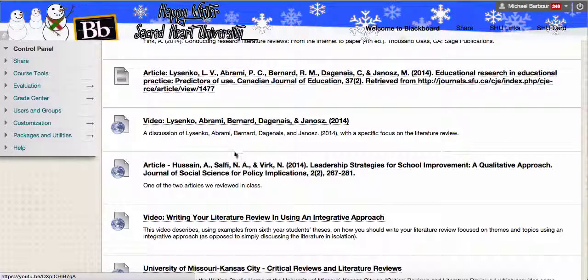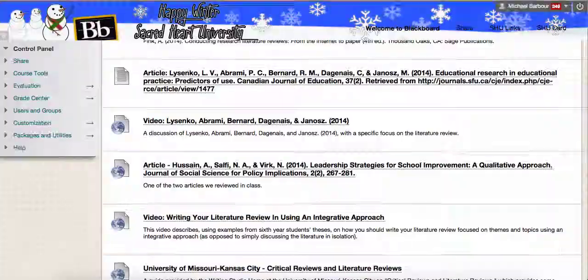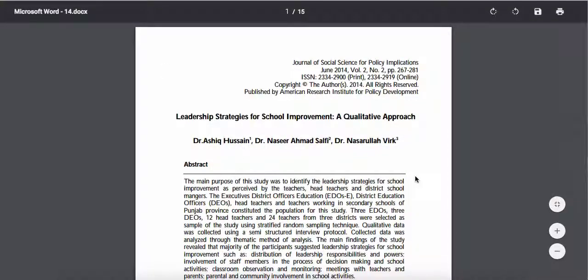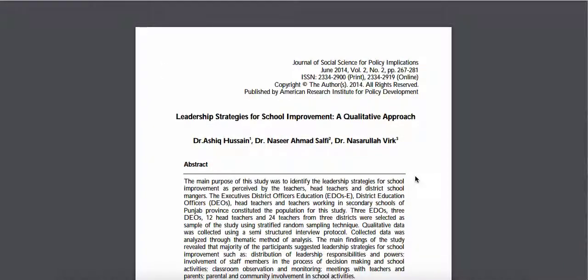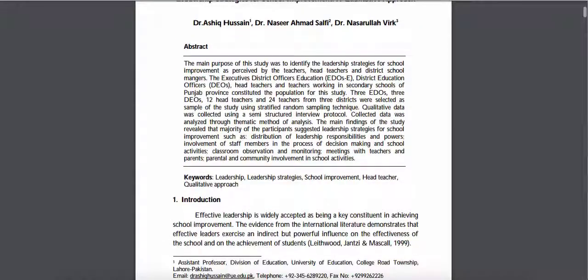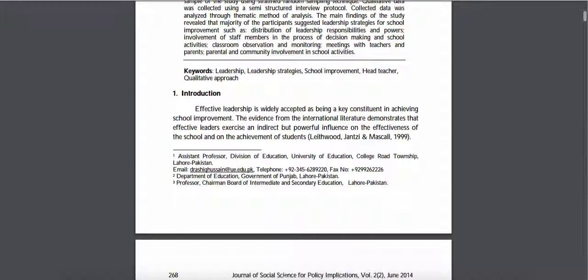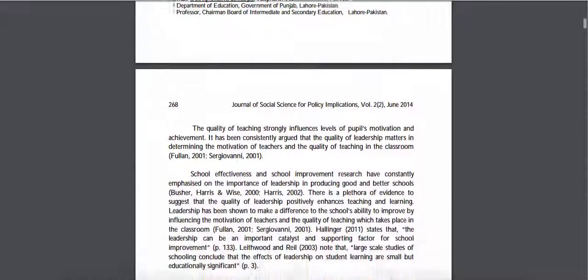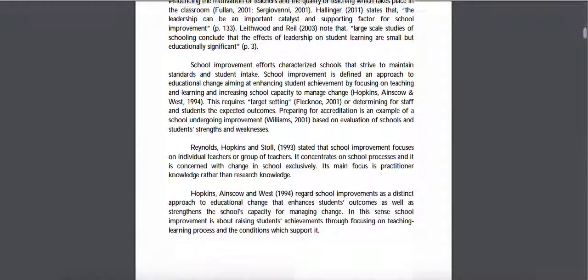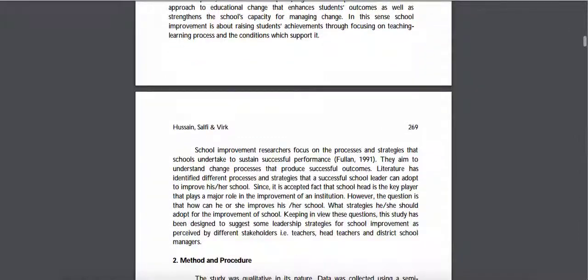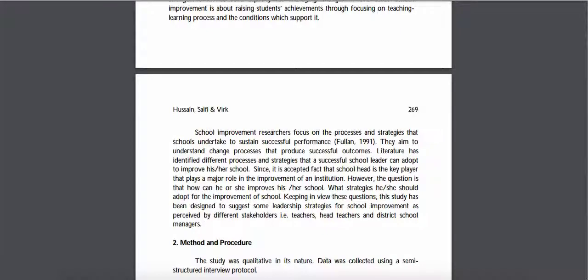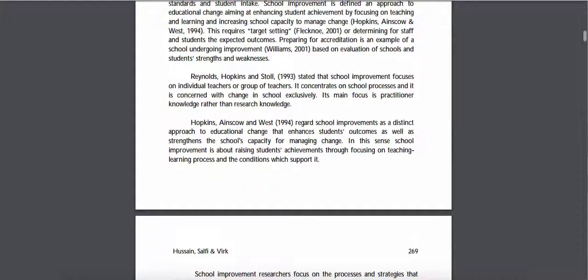then I'm going to ask you to read the Hussein et al. article. Again, I want you to spend about 20 to 25 minutes on this activity, and I want you to pay particular attention to the literature review. Now, you'll note there isn't a particular section that begins literature review, and that's actually one of the main weaknesses of this article.